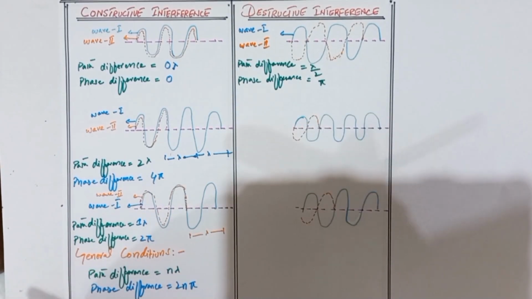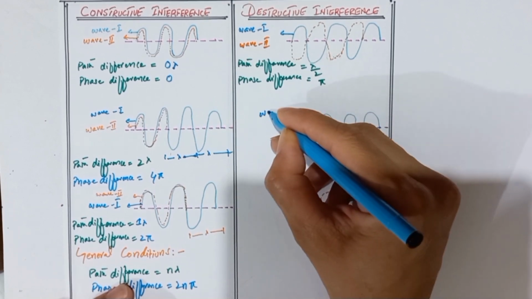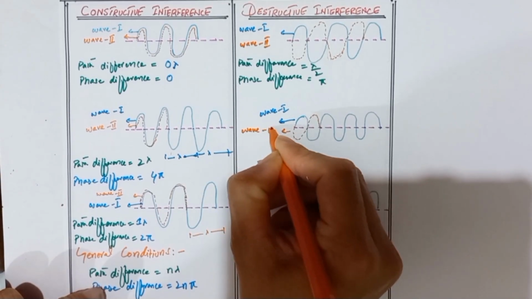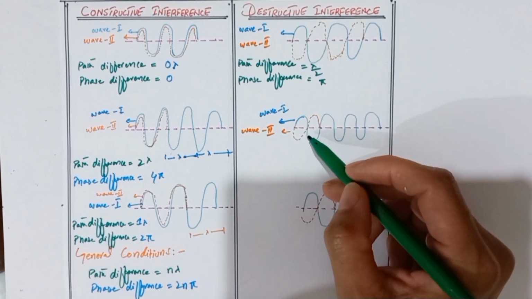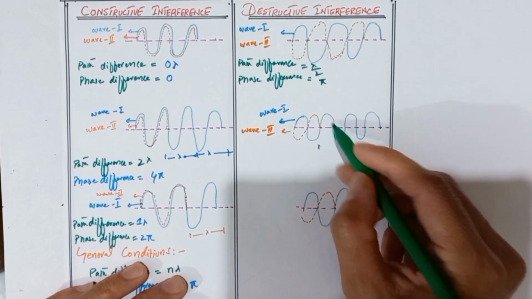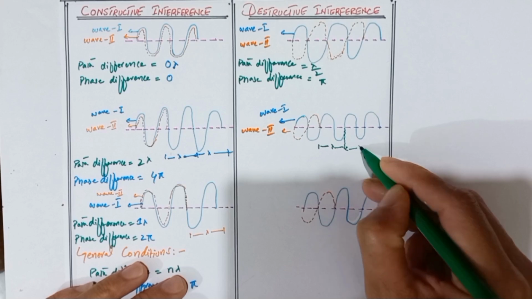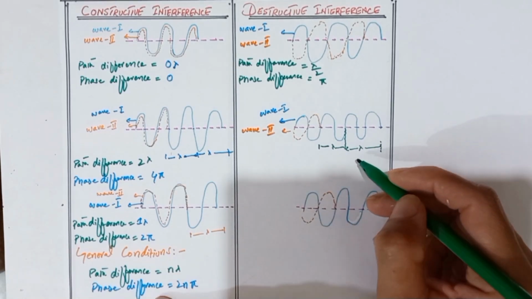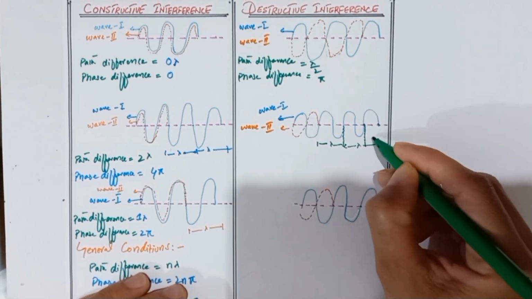If we discuss the second example, here we take two waves. This is wave 1, this is wave 2. The blue wave travels an extra distance compared to the orange wave. It covers a distance lambda here, and in this circle a distance lambda by 2.